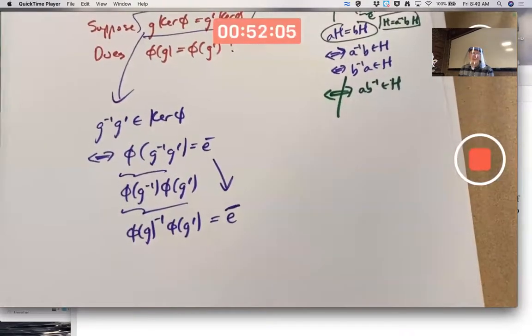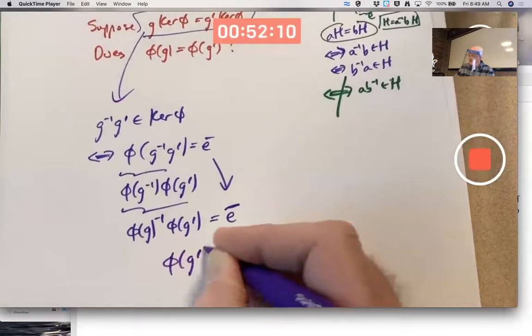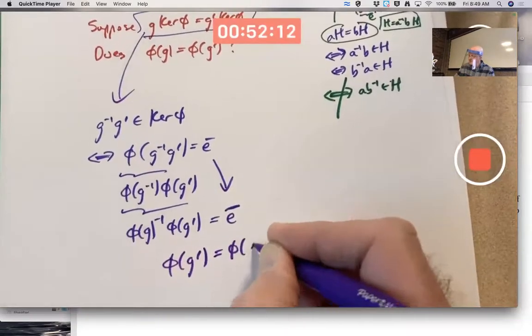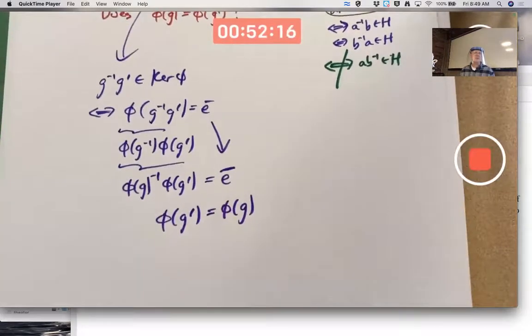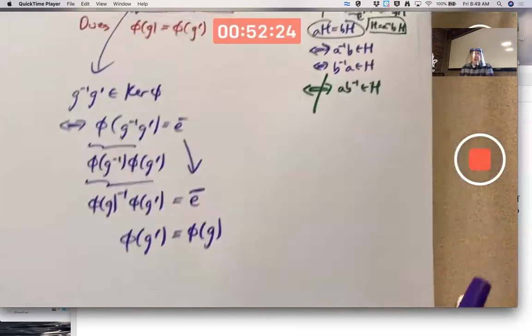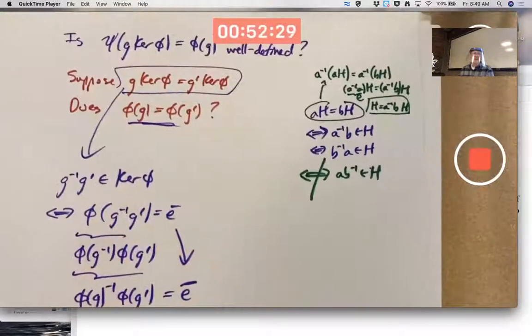And now just multiply both sides on the left by phi of g. And you get phi of g prime equals phi of g. I just left multiplied by phi of g, and the inverse is canceled. And that's what we wanted to show. Yeah, these are equal. And that shows that the psi function is well defined.